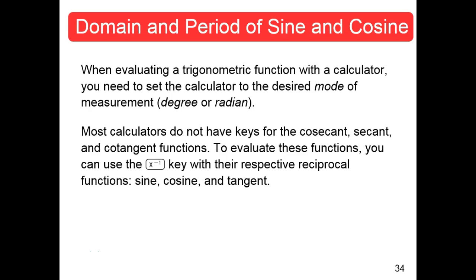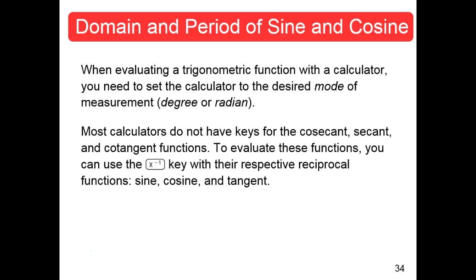All right. When evaluating a trigonometric function with a calculator, the number one thing you have to always keep in mind is you have 2 sets of things you can do a sine function with. You can do it with angles in degrees or angles in radians. Be sure you're in the right mode. Now, it depends on the type of calculator you have how you get to the right mode. If you have a simple little scientific calculator, usually they print the mode on there, and the default is degree.